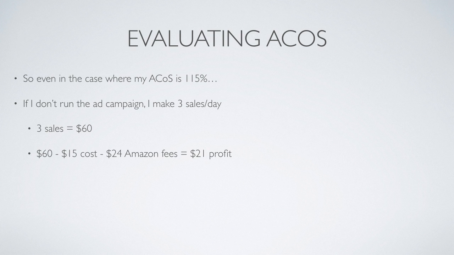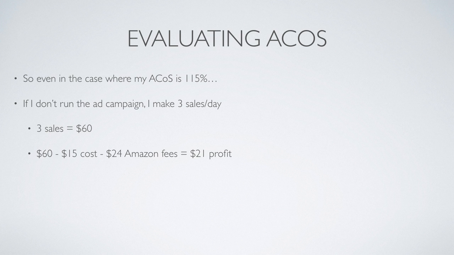$60 minus my cost of 15, okay? Because again, our assumption was that I spent $5 per unit. All right, that's my production cost from the supplier and to ship to FBA. So those 3 units that I sold cost me $5 each, so a total of $15 cost there.